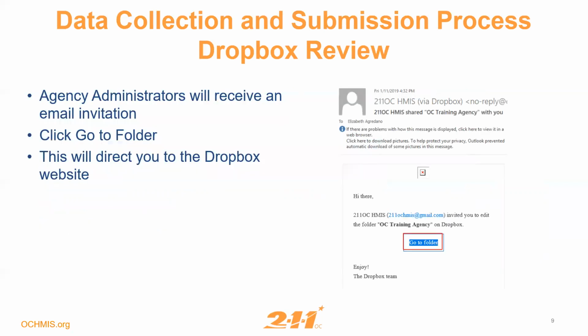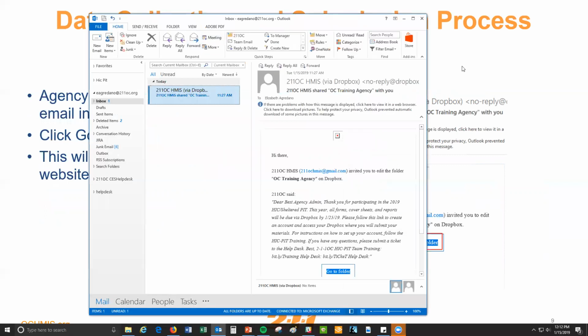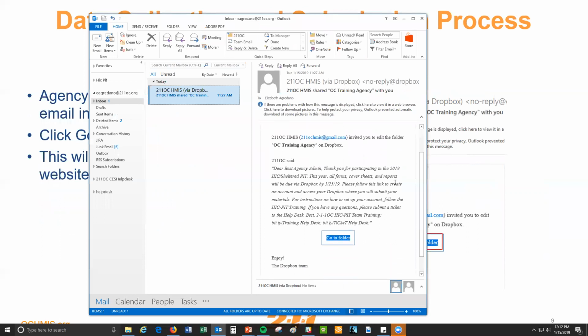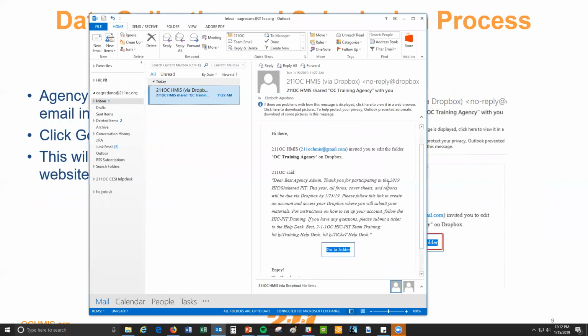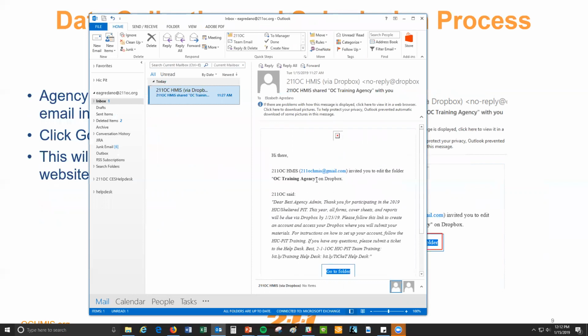So now I want to review the Dropbox process for this year. So we will be doing a demo of what that looks like. So you will be checking your email and notice that you received an email from 2110C asking you that we want to share your agency's folder with you on Dropbox.